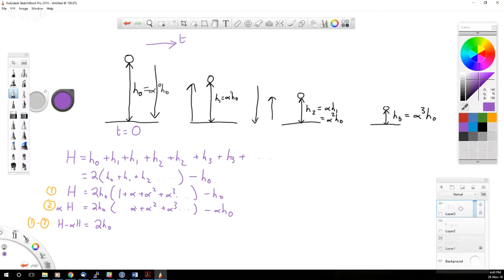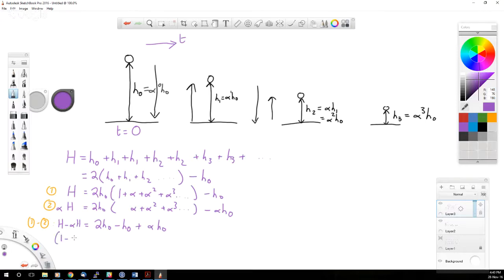Then all these other terms inside the infinite sequence cancel out. So this alpha squared minus alpha squared, alpha cubed minus alpha cubed, and so on until infinity. Then we're just left with this minus H0 and minus alpha H0, which is plus alpha H0.